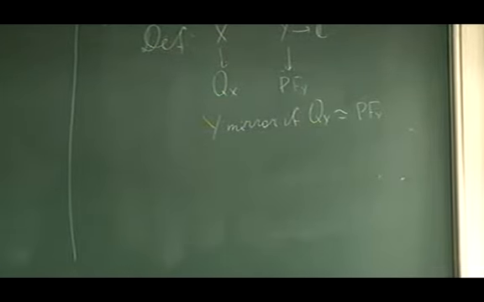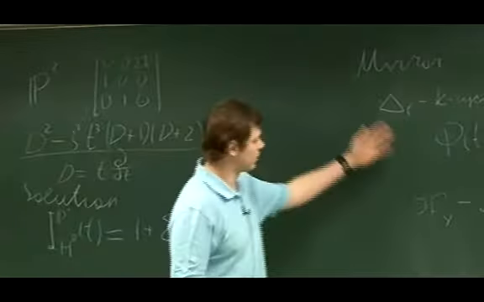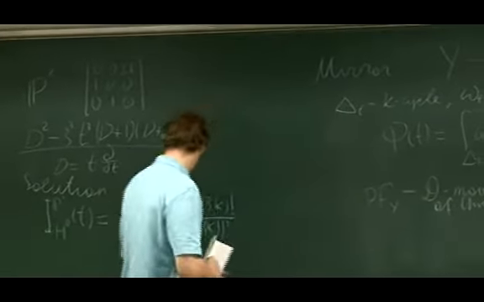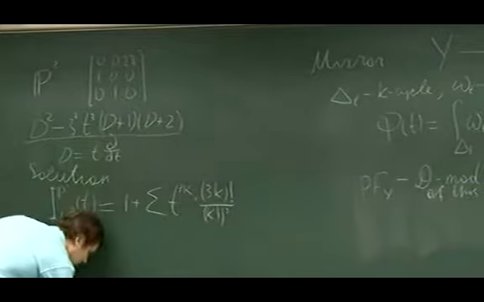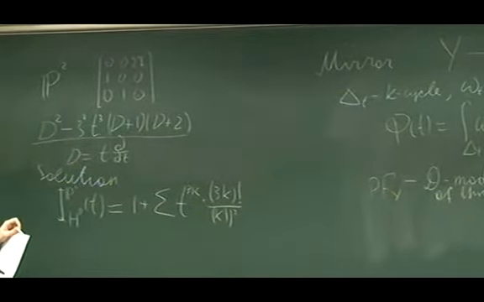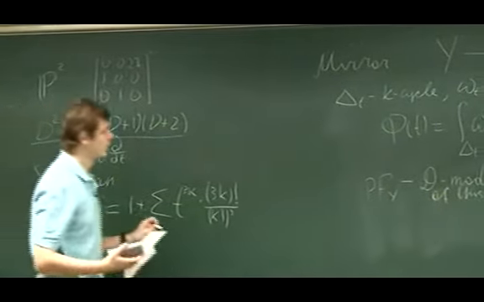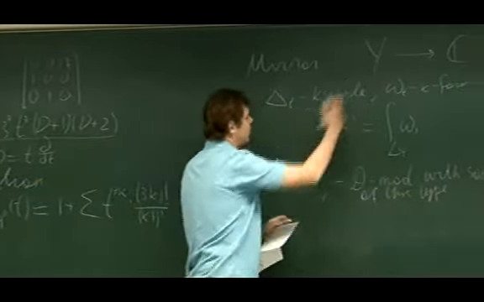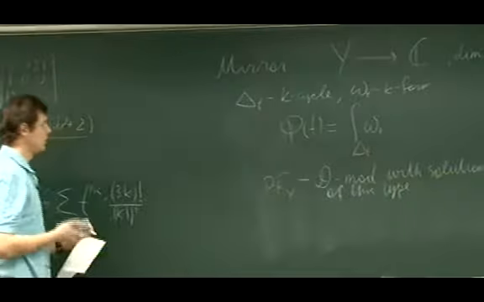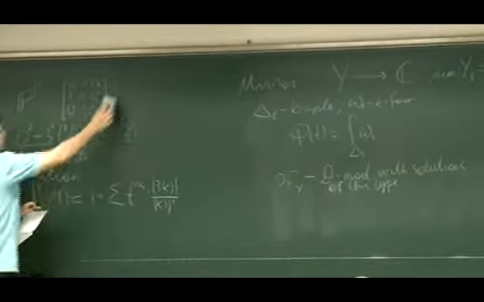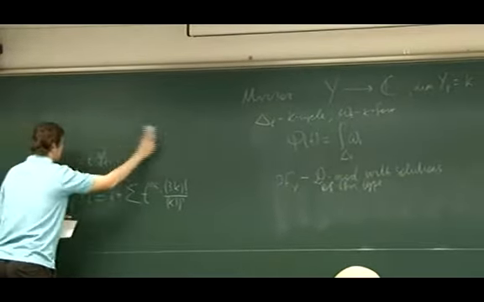So if we cut out some divisor or something like this, nothing changes. So this enables us to simplify our variety Y and make it something more simple.